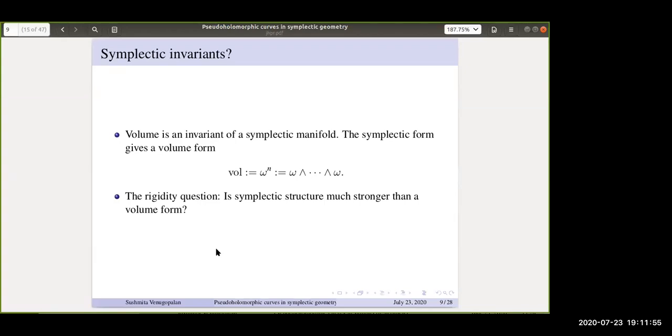One obvious invariant is volume, because omega is a non-degenerate two-form. If it's a 2n-dimensional manifold, taking the wedge of it n times gives you a non-vanishing volume form. So you can calculate volume on a symplectic manifold. If you took a much larger ball with a larger area than the green ball, that would be a different symplectic manifold.